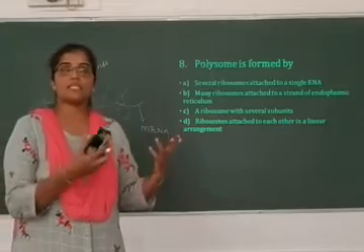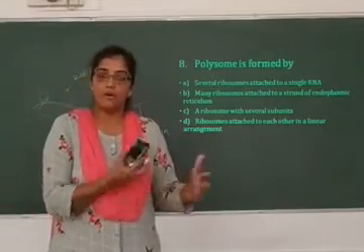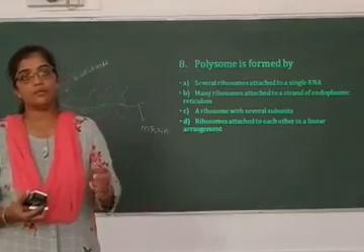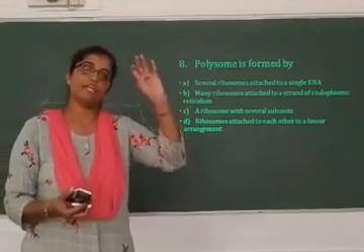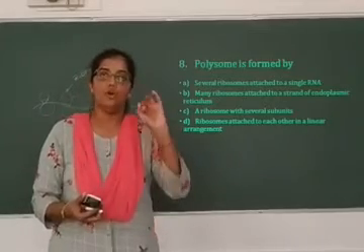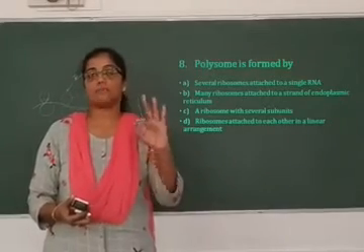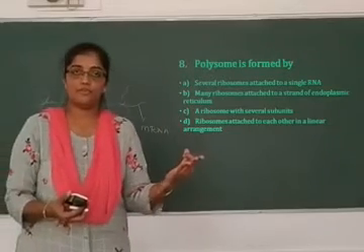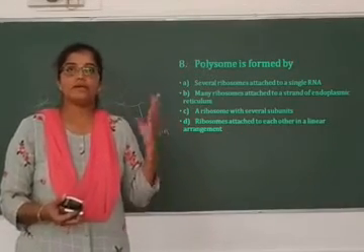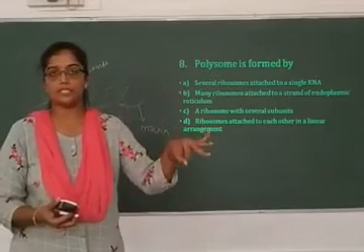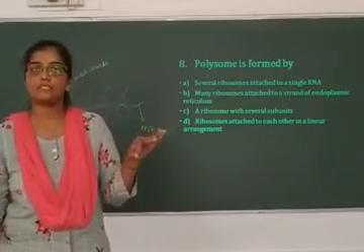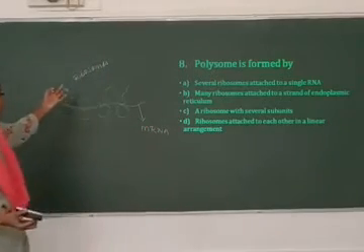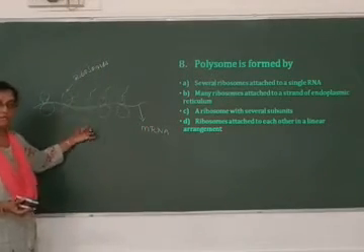One more reason why it is a coupled reaction is that in prokaryotes, the replication of DNA, transcription and translation all take place in the cytoplasm only, unlike in eukaryotes, where replication and transcription take place in the nucleus and translation takes place in the cytoplasm. So here the polysome is formed because in prokaryotes it is a coupled reaction.